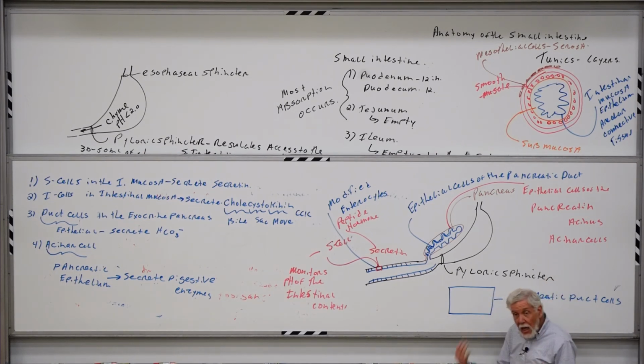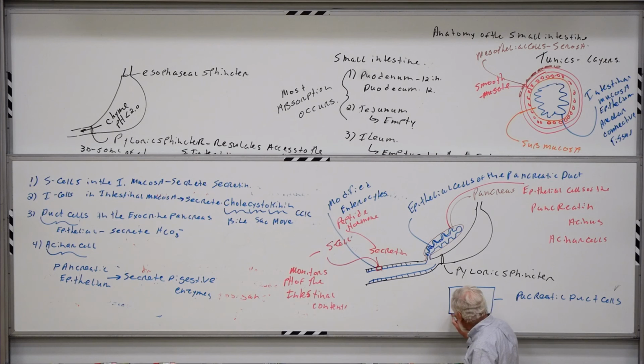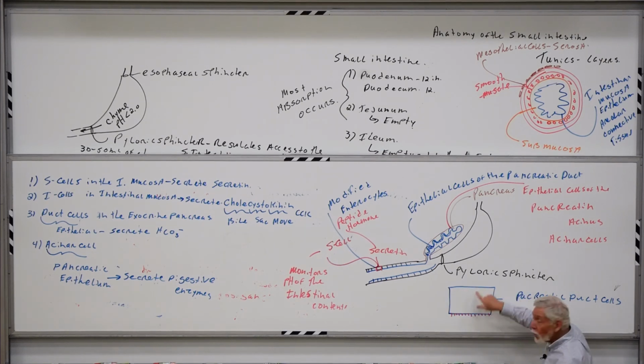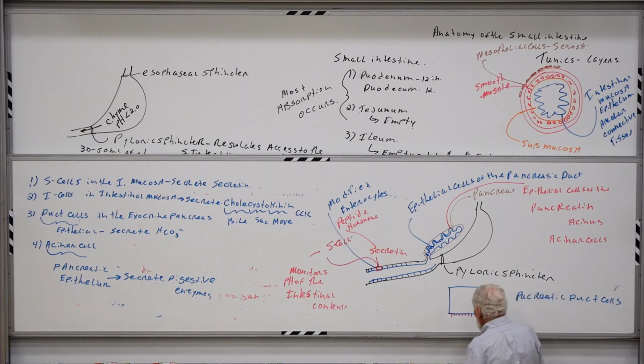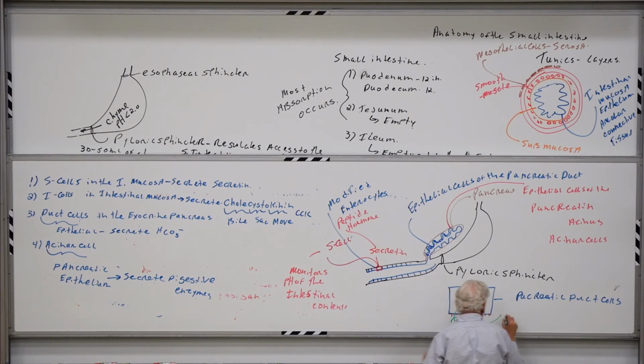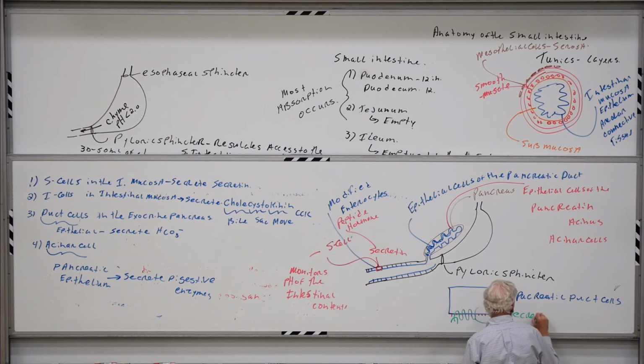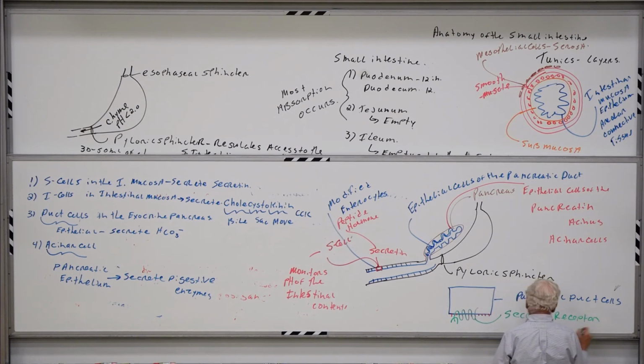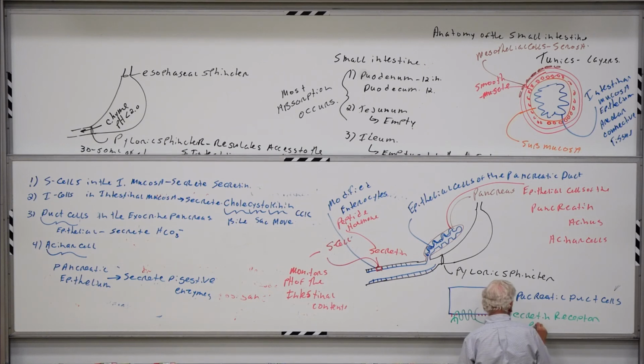It's forming the lining of the duct of the pancreas, so it sits on a basal lamina. It has a basilar surface, it has an apical surface. And as a component of the basilar membrane, there's this transmembrane protein, which is a secretin receptor. It's a G protein coupled receptor.